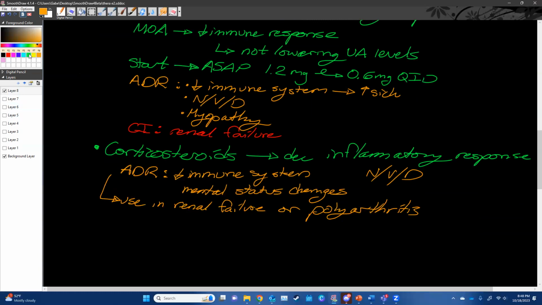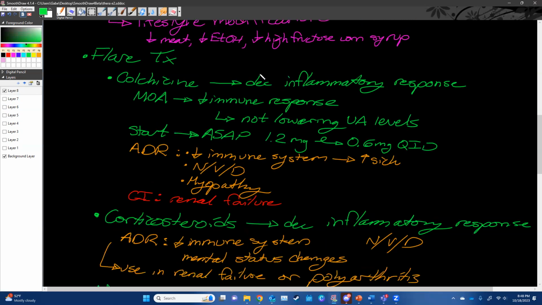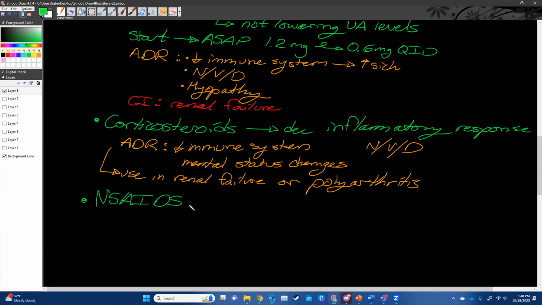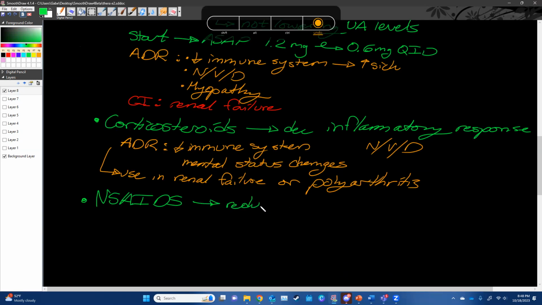The last thing that could be used in terms of pain is NSAIDs. So again, all of these drugs are about reducing pain, reducing the inflammatory response.